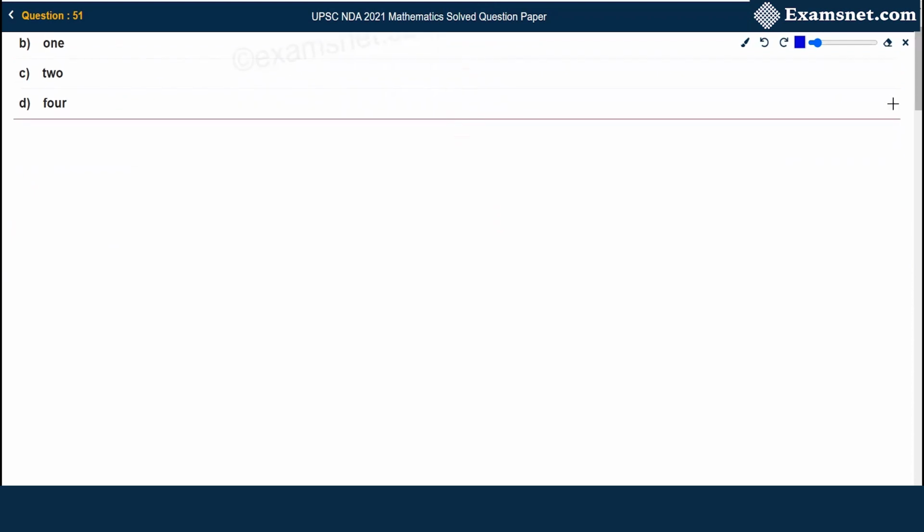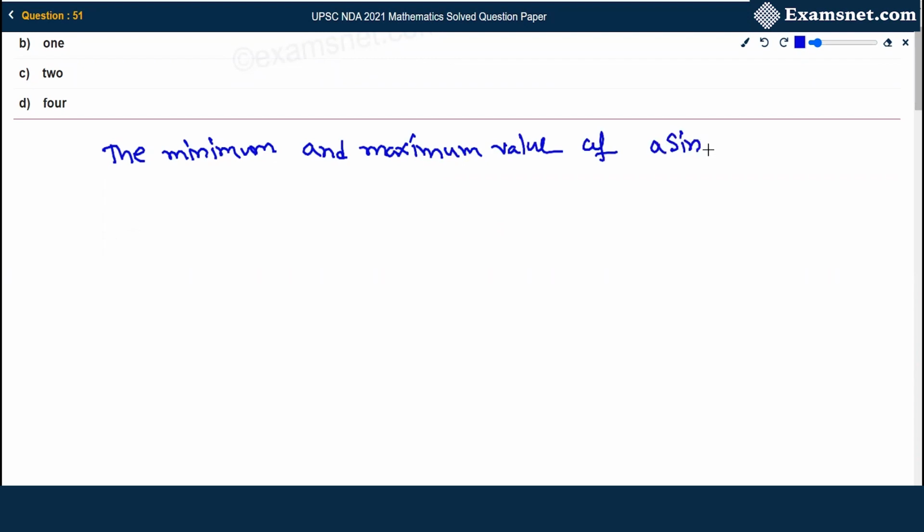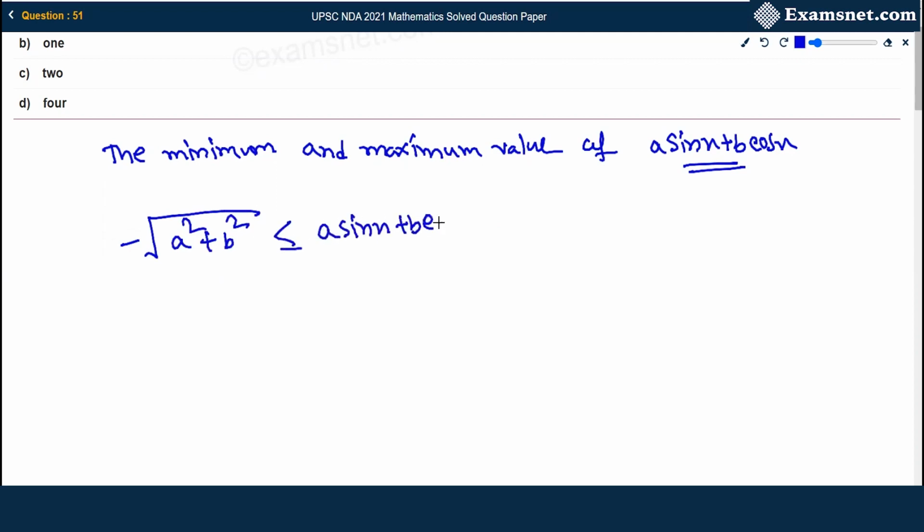First, let me explain one thing: the minimum and the maximum value of the expression A sin x plus B cos x can be found as minus root under A square plus B square less than or equal to A sin x plus B cos x less than or equal to root under A square plus B square.